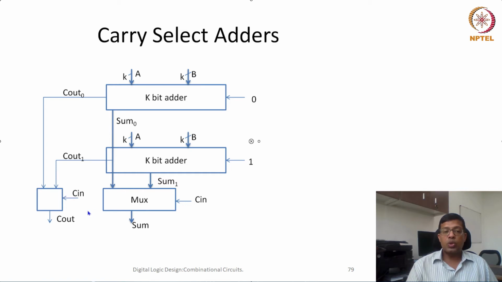Similarly, it will also do the similar mux thing here. If C in is 0, then it will take C out 0 as the C out, and if C in is 1, then it will take C out 1 as the output. So the idea is that by the time this computation is done, C in would be available. So this way, this multiplexing can help us.